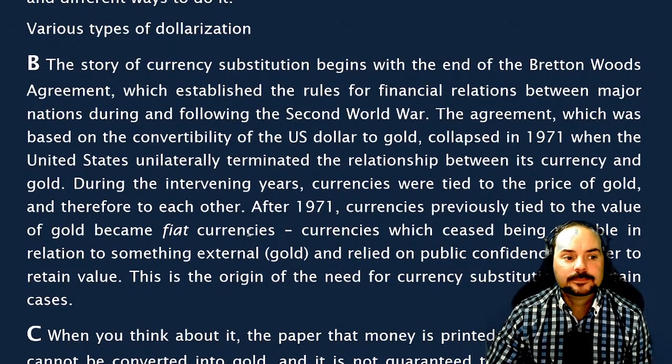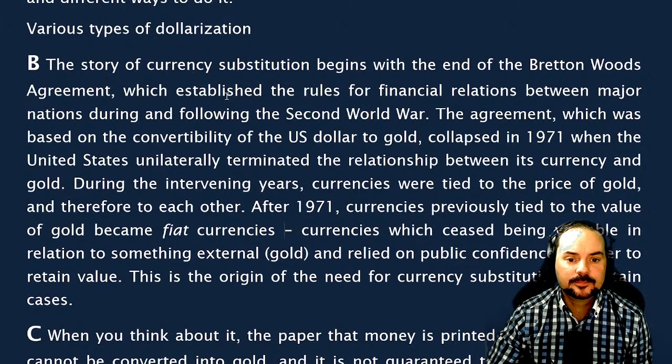The story of currency substitution begins with the end of the Bretton Woods Agreement, which established the rules for financial relations between major nations during and following the Second World War. The agreement, which was based on the convertibility of the US dollar to gold, collapsed in 1971, when the United States unilaterally terminated the relationship between its currency and gold.